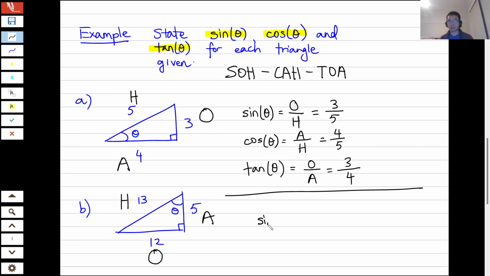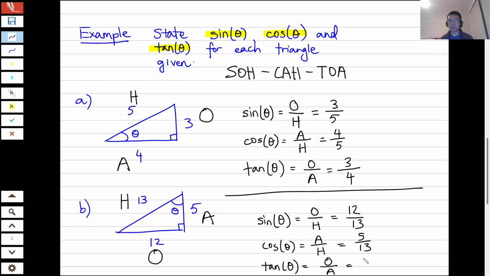So, sine theta is O over H, and that gives me 12 over 13. Cosine, A over H, is 5 over 13, and tan theta is opposite over adjacent, and that gives me 12 over 5.